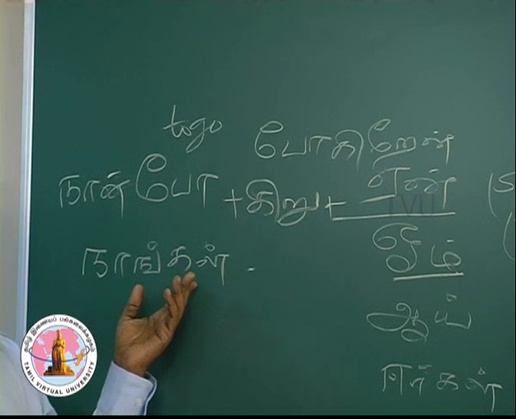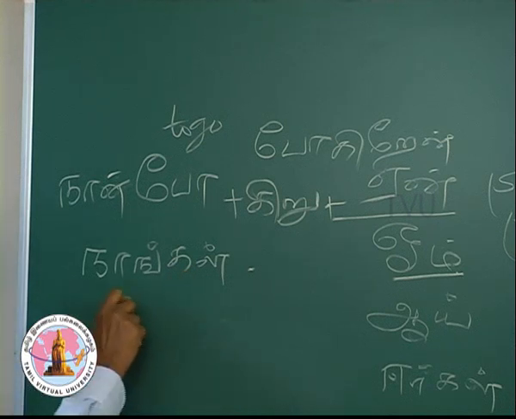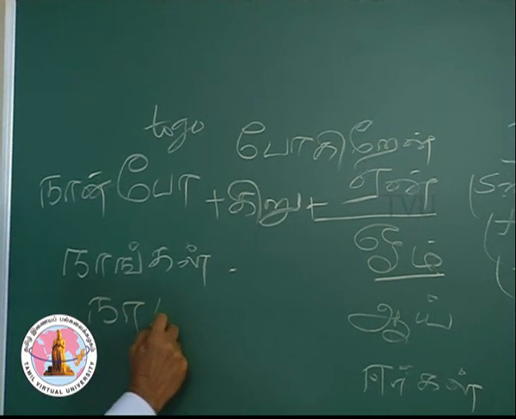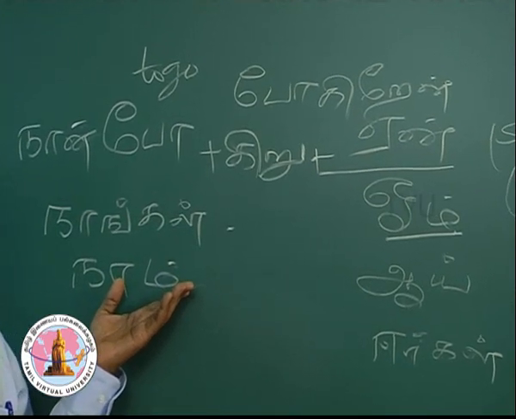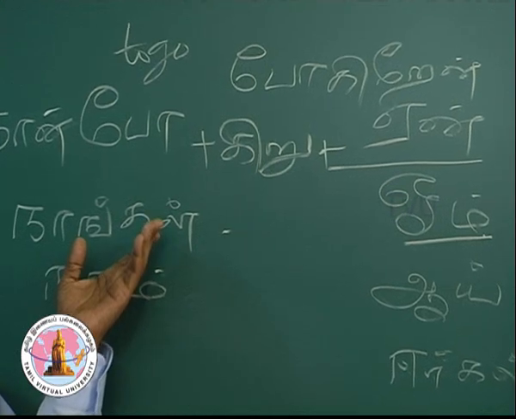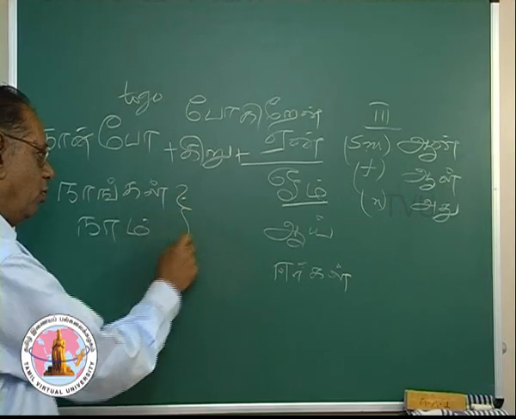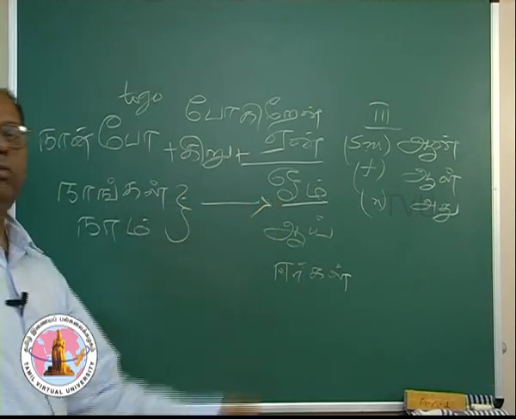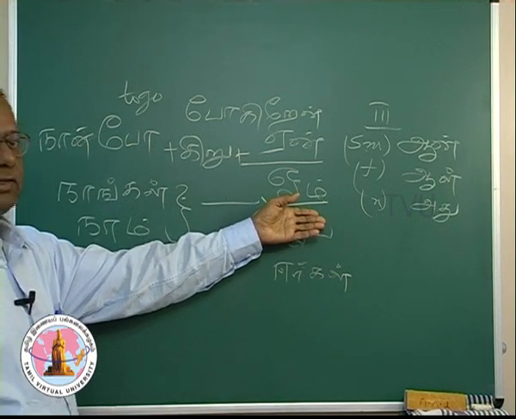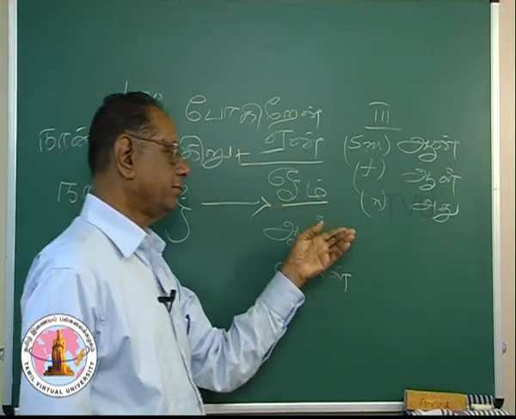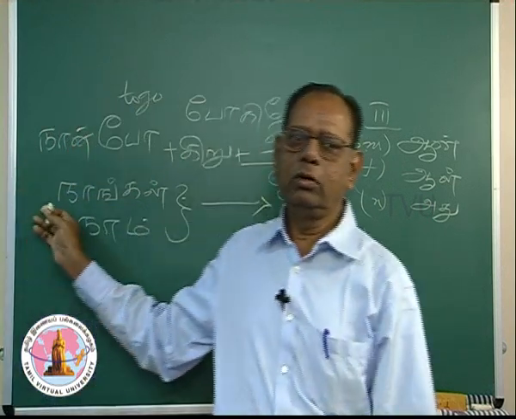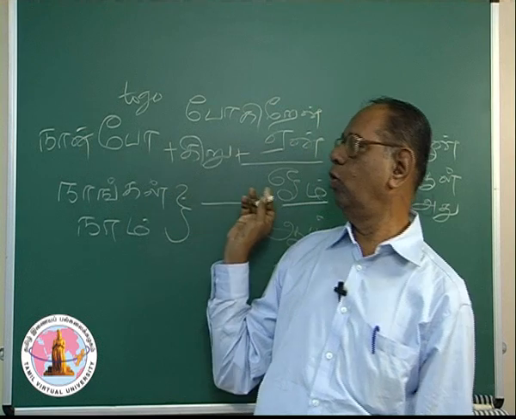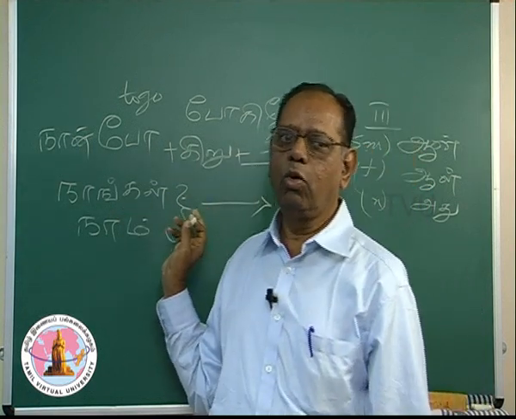You have another form also for first person plural. Do you remember? It is நாம். நாம் is inclusive and நாங்கள் is exclusive. For both, om will be the personal suffix. So it will be po, kiru plus om, போகிறோம்.